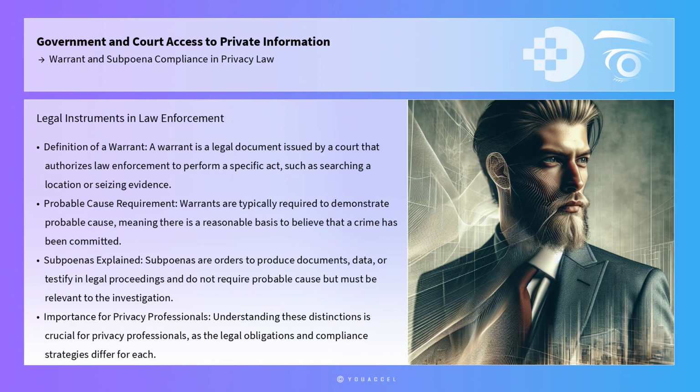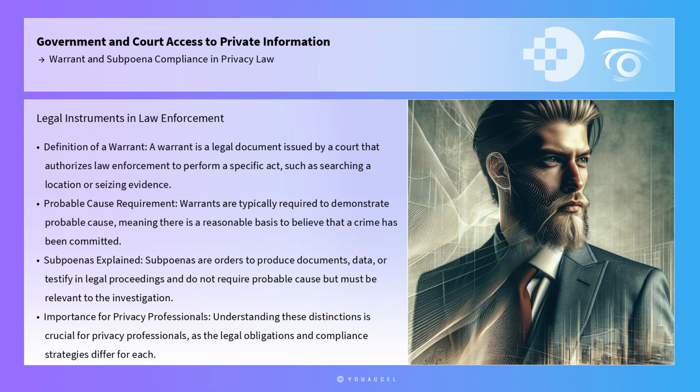A warrant is a legal document issued by a court that authorizes law enforcement to perform a specific act, such as searching a location or seizing evidence. Warrants are typically required to demonstrate probable cause, meaning there is a reasonable basis to believe that a crime has been committed and that evidence of the crime is present at the location specified in the warrant.